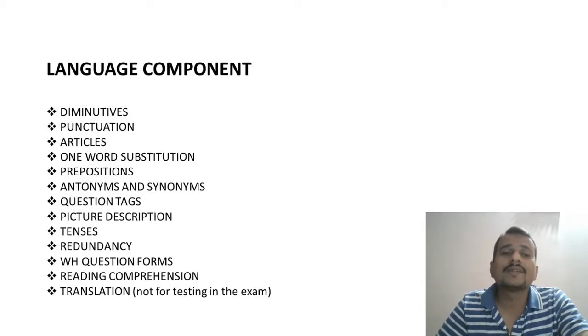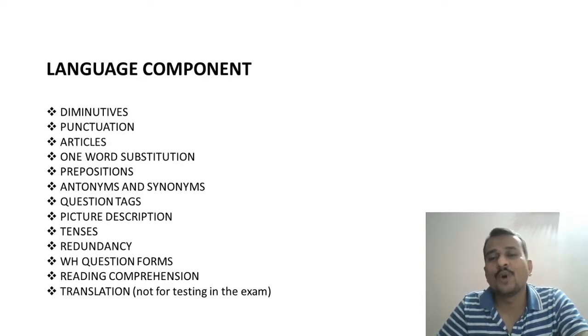The second part of the textbook is the language component. In that, the first one, I'll just brief it so that every aspect of this grammar component is discussed in detail in the subsequent sessions.